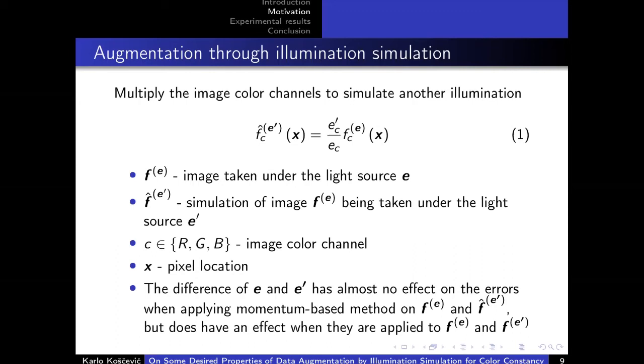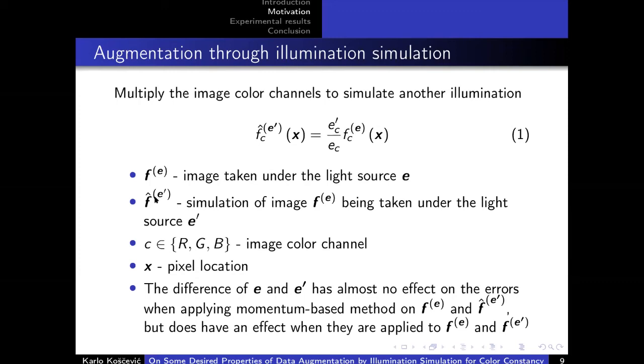However, the difference between the original light source E and the target light source E dash has almost no effect on the errors when we apply moment-based methods for illumination estimation on the original image F and the simulated image F hat.